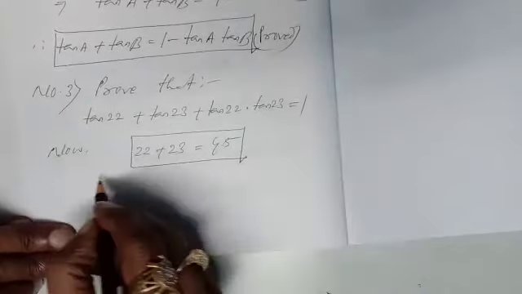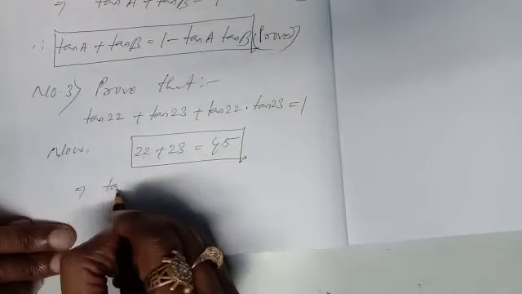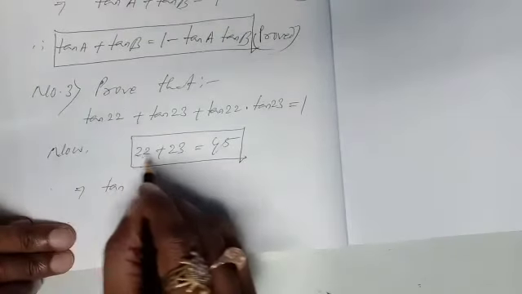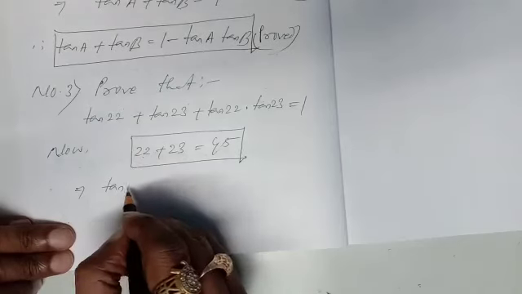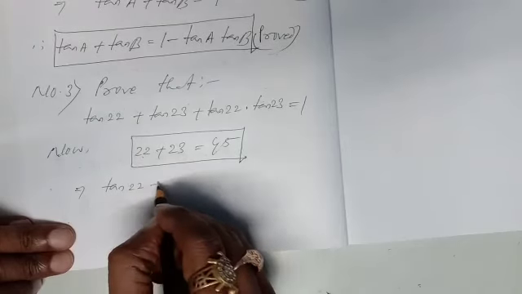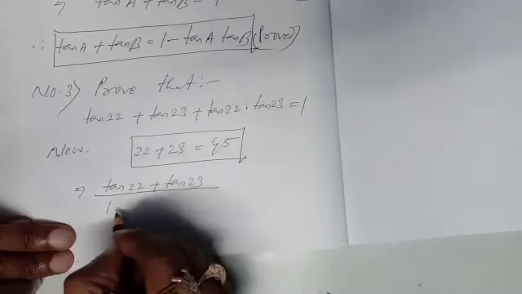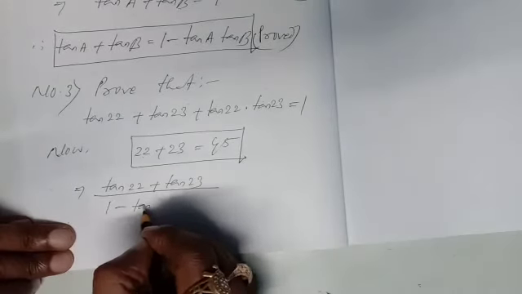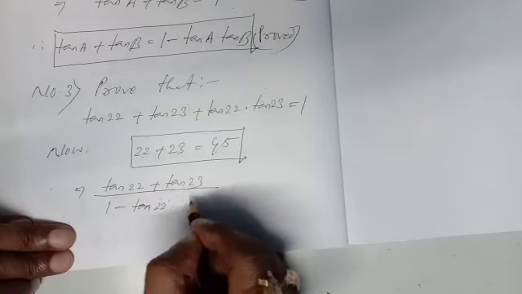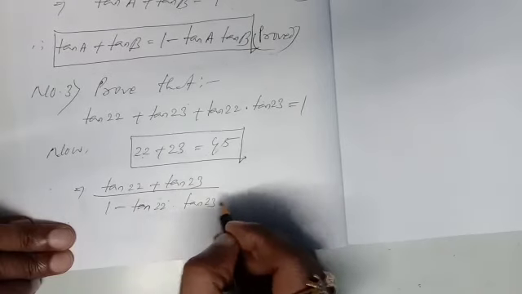Taking tan both sides. Then this will be the tan (A plus B) formula. Directly I am doing it in short: tan 22 degree plus tan 23 degree divided by 1 minus tan 22 degree into tan 23 degree.